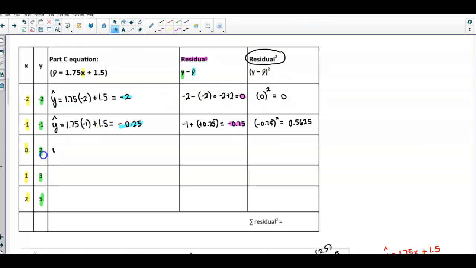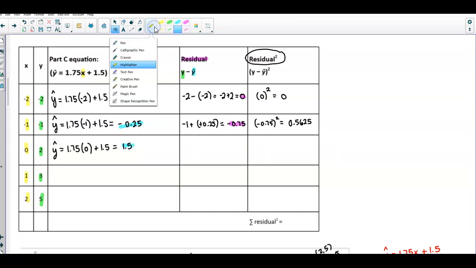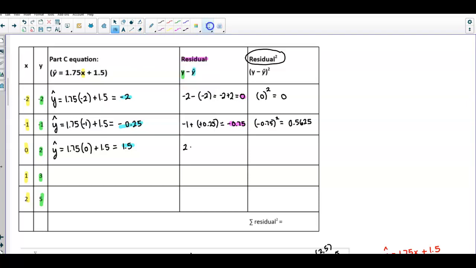Okay, now we're going to look at the next value for x. So we're going to take y hat, and that's going to equal 1.75 times the x value, which is 0, and then we're going to add the 1.5. Well, anything times 0 is 0, so we get 1.5 as our value for y hat. Then we're going to take our y coordinate, which is 2, and subtract our 1.5.